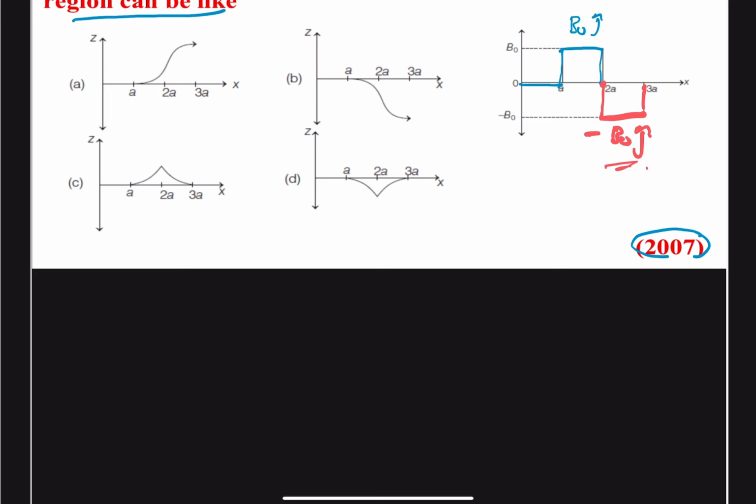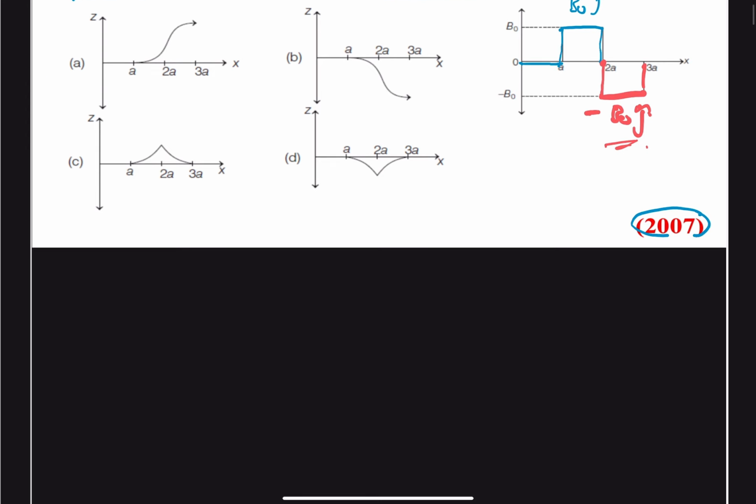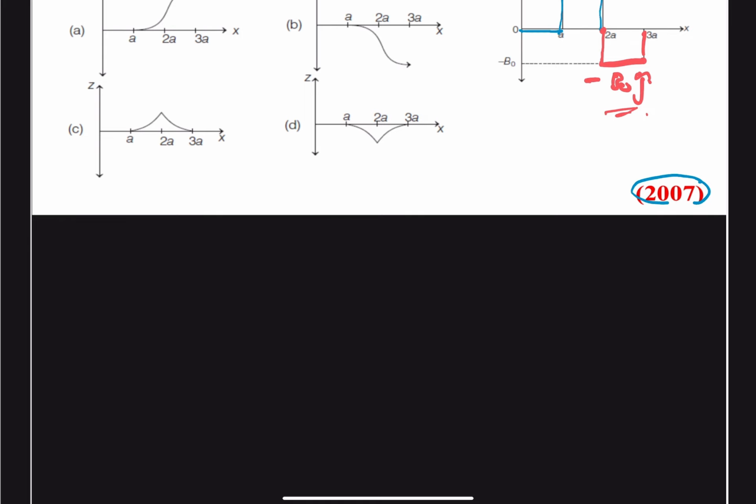Therefore, we have to find out the trajectory of the charge moving in this magnetic field. One thing for sure, we know that whenever a charge moves in a magnetic field, it traces a curve or trajectory which is a circle, and that can be a quarter circle, half circle, or 3/4 of a circle, but it will be somewhat related to the circle itself. So first of all, let's find out the force for both the regions.